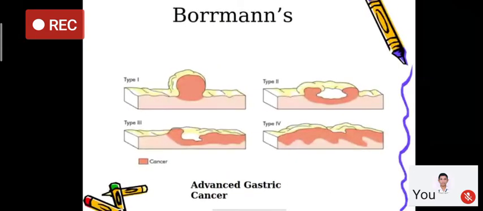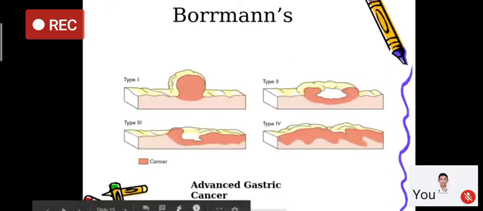Otherwise, we discussed the Lauren classification, which was intestinal and diffuse. One more classification is the Borrmann classification. Borrmann classification is on vision. How can we see on visual impression whether it's a protruded type of malignancy, or it's ulcerated with little protrusion, or it is ulcerated with some protrusion but diffuse infiltration, or there is no ulceration but diffuse involvement.